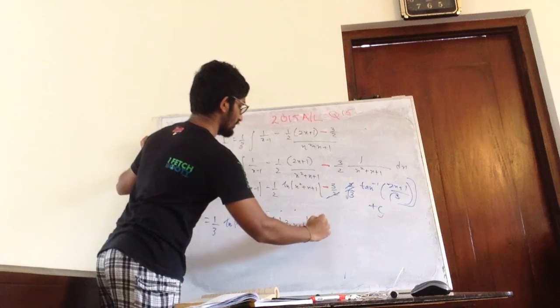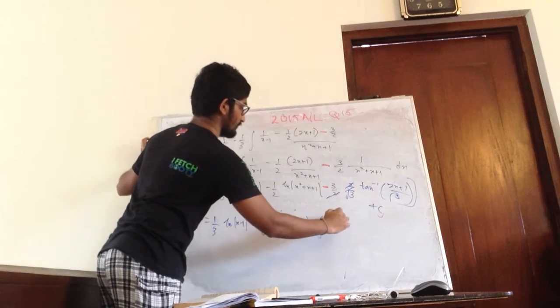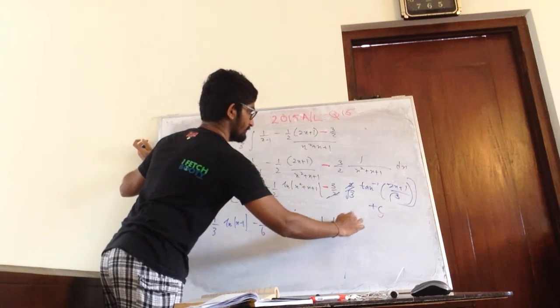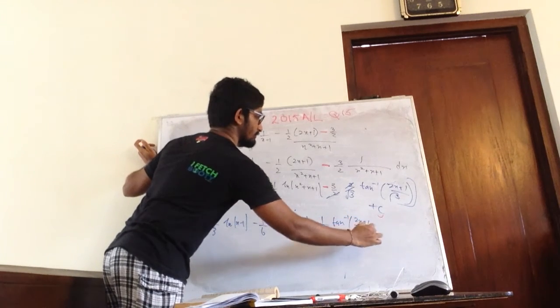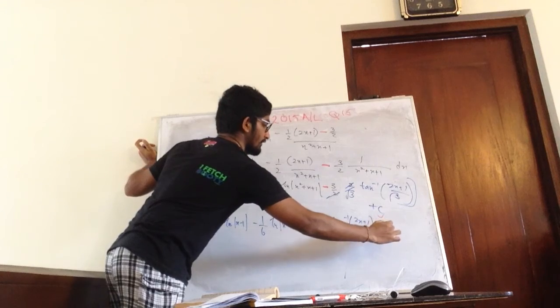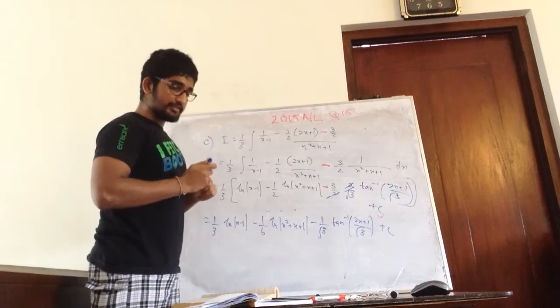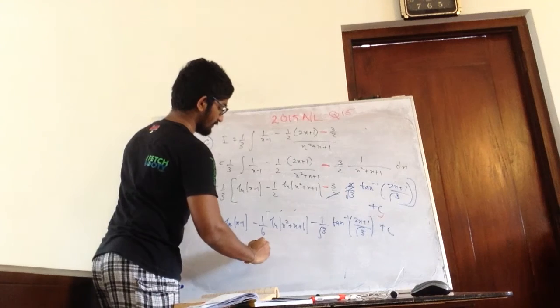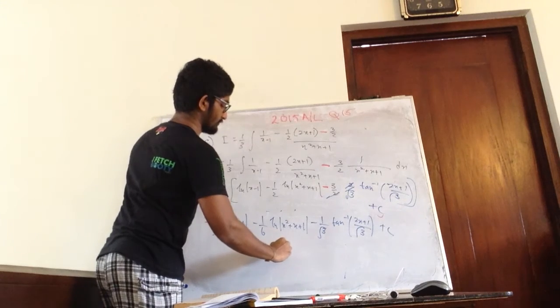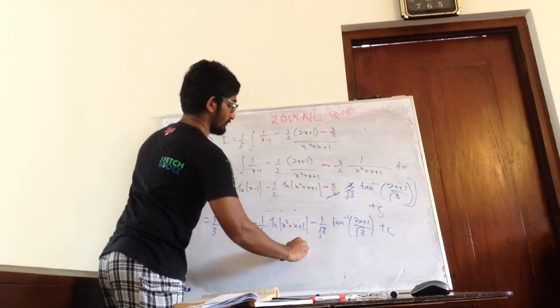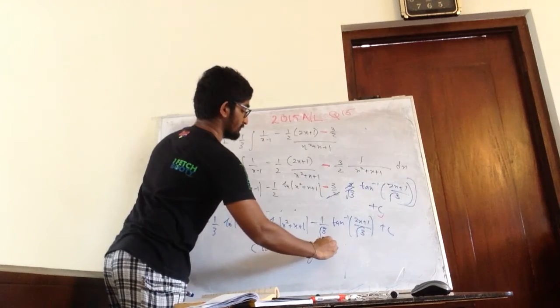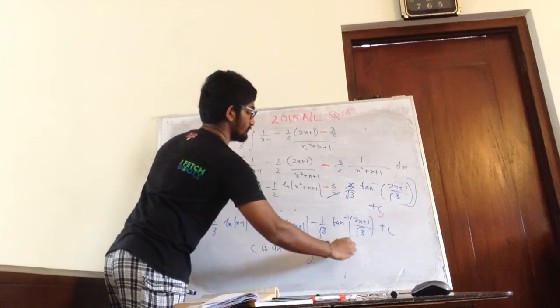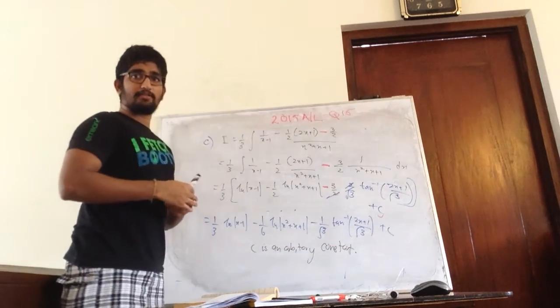This 3 is going to get cancelled off. And what is necessary is to write that c is an arbitrary constant. Right?